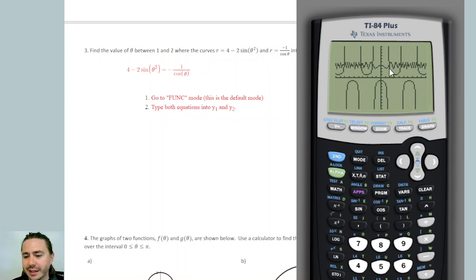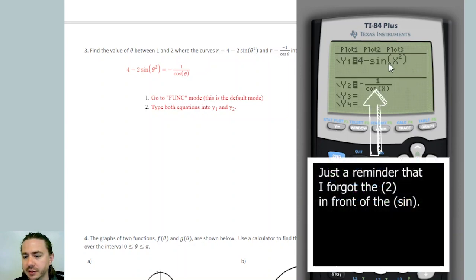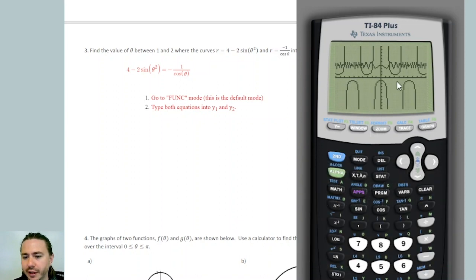But what's interesting is that the intersection points are going to be the same. So what we're typing in as x here is really theta, and the y is really r. So if I find the intersection here, the x will be my theta, and the y will be my r.